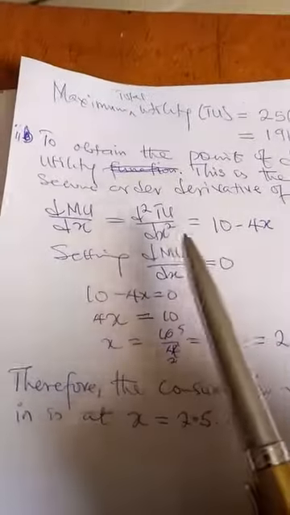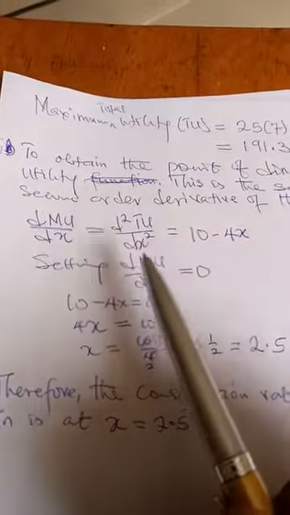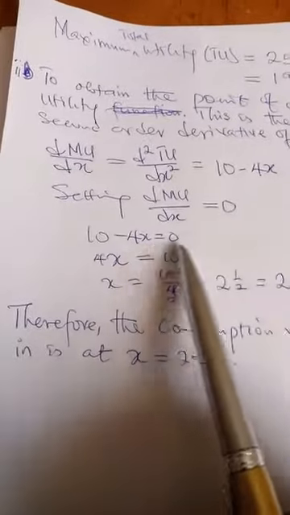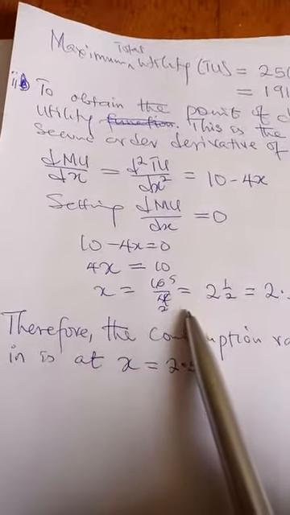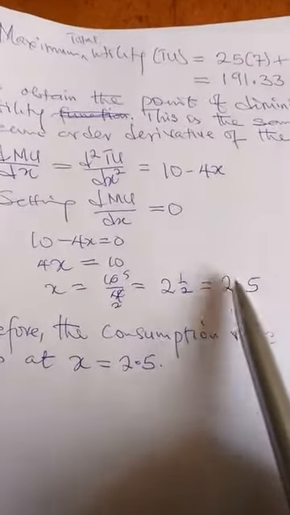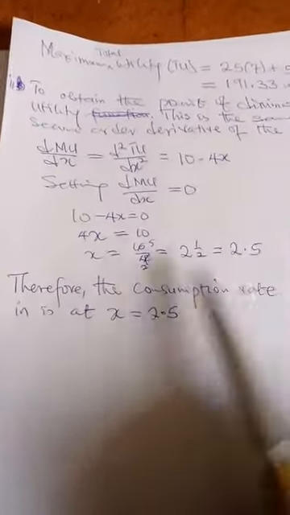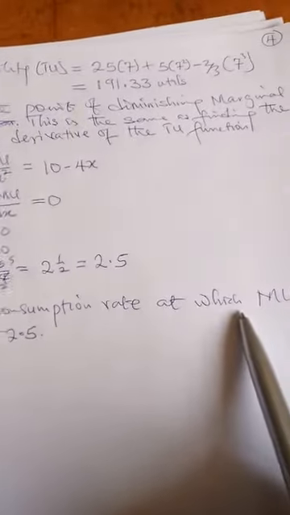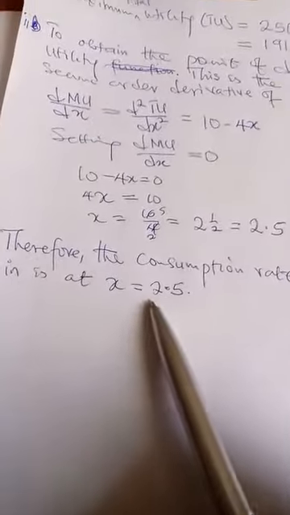Setting d squared TU/ds squared equal to 0, we obtain 10 minus 4s equals 0. That will give 4s equals 10. S will be 10 divided by 4, which gives 2.5. So the consumption rate at which diminishing marginal utility sets in is at s equals 2.5.